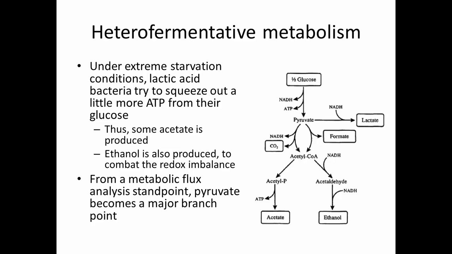The ethanol is mainly to combat the redox imbalance. From a metabolic flux analysis standpoint, pyruvate becomes a major branch point here. You can see pyruvate will give us lactate, but it's also going to give us formate, CO2, and acetyl-CoA, which is again a good branch point and intermediate to get our ethanol and our acetate.